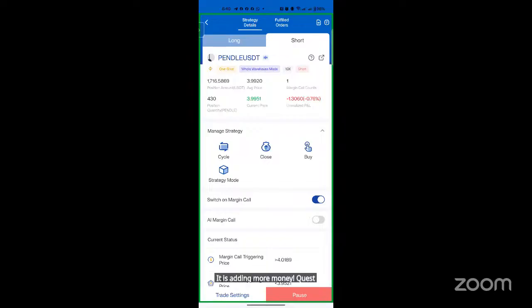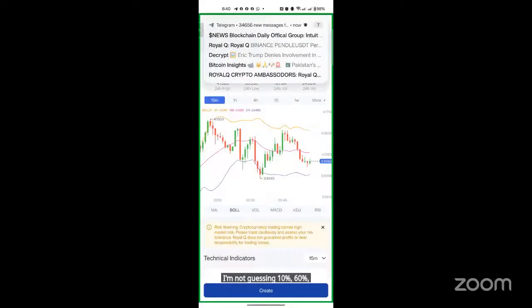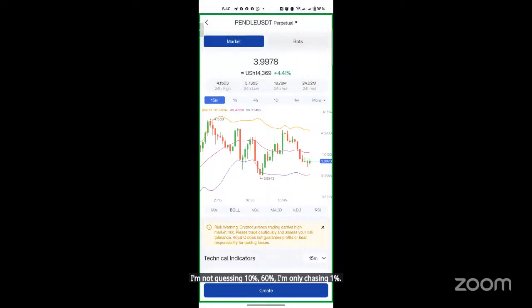Question, am I not sure about the trend? Am I sure or I'm not sure? Answers in the chat. I'm sure about the trend. I know the coin is going to move down. I'm not chasing 10%, 60%. I'm only chasing 1%. I'm not chasing, guys.